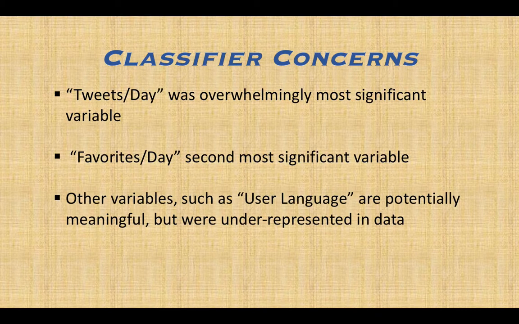Also, tweets per day was the overwhelmingly most significant variable, with favorites per day a far distant second most significant variable. There were other variables such as user language that could potentially have been very meaningful, but they were so underrepresented in the data as to have hardly been useful in any way.